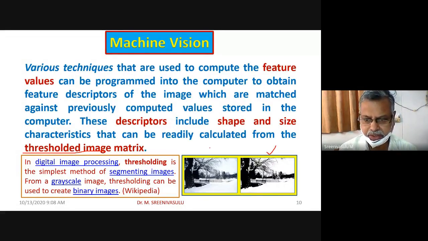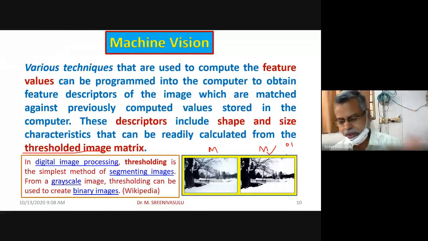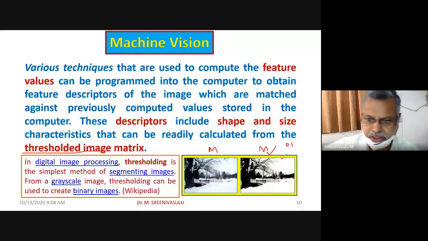See, the basic difference between the matrix pertaining to this and the matrix pertaining to this: for this only black and white, because of that it will have either 0 or 1 at a particular matrix location. Maybe you might have a matrix of 16 by 16, 256 elements. All those 256 elements in the case of a thresholded image will be either 0 or 1.